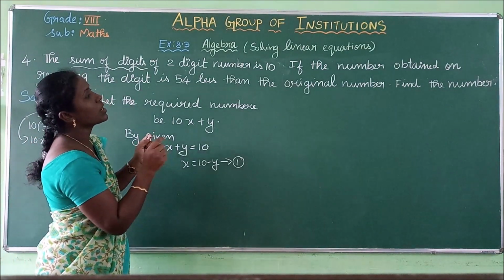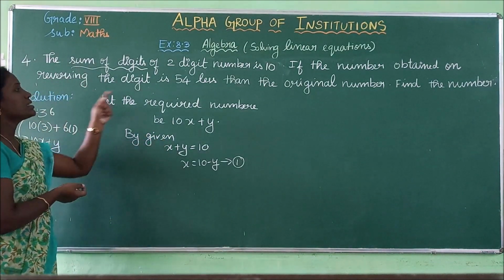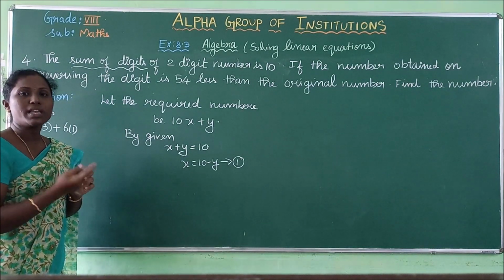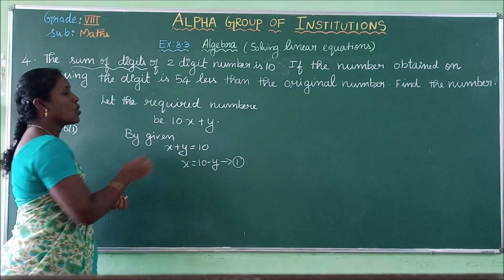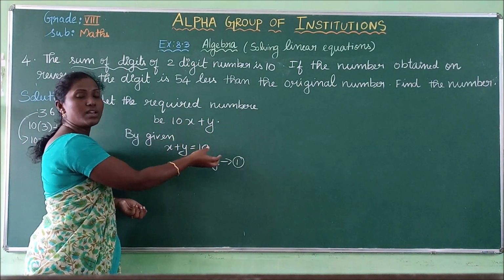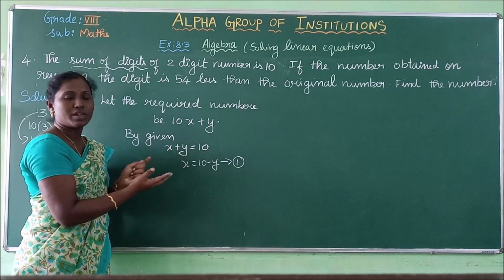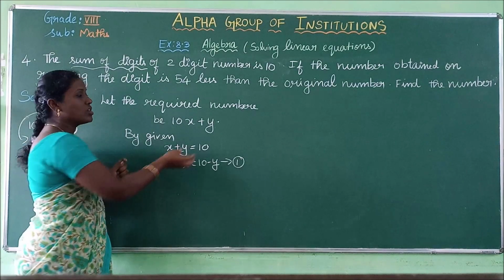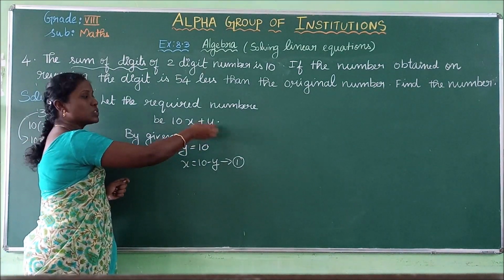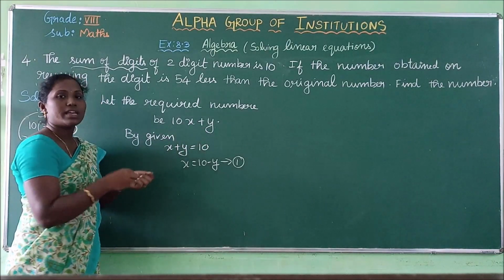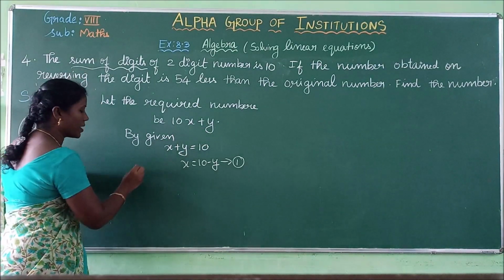Now, the number obtained on reversing the digits. What is the meaning of this word? The number obtained by reversing the digits means the ones digit will go to the tens place, and the tens digit will go to the ones place. That is the form of reverse. Reverse means going back. The digits are changed. So we have to replace ones to the tens place and tens to the ones place. So if I reverse like that, what will happen?